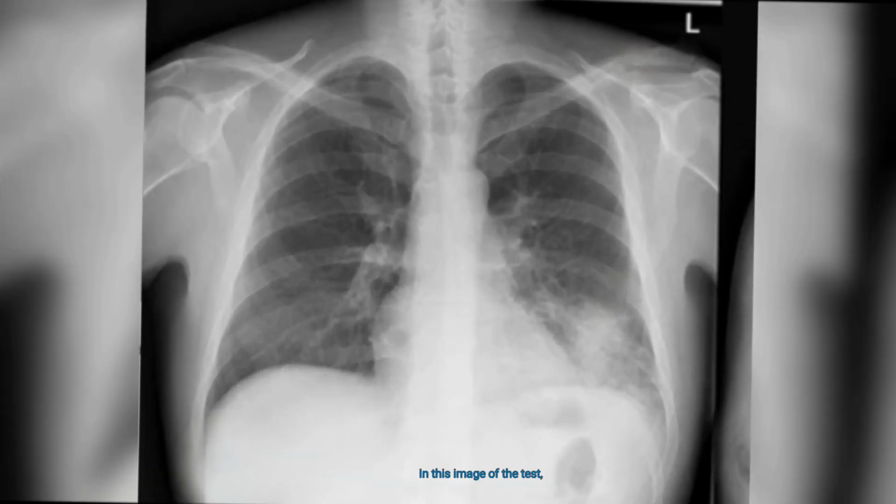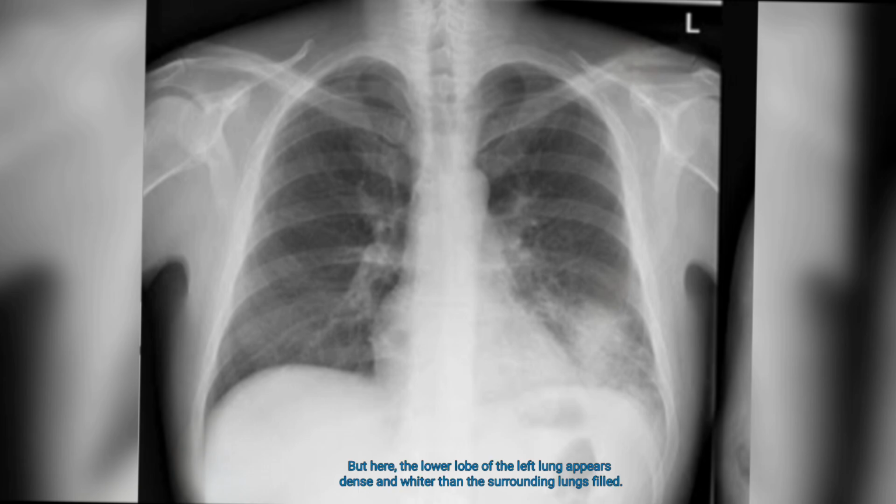In this chest X-ray, we can observe abnormal white opacity in the left lower lung. Normally, the lungs appear dark because they contain air, but here the lower lobe of the left lung appears dense and whiter than the surrounding lung fields.